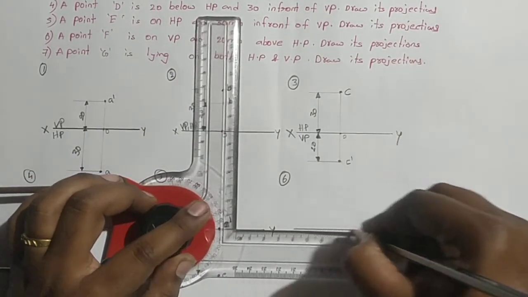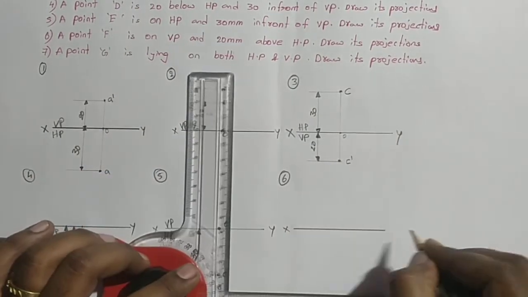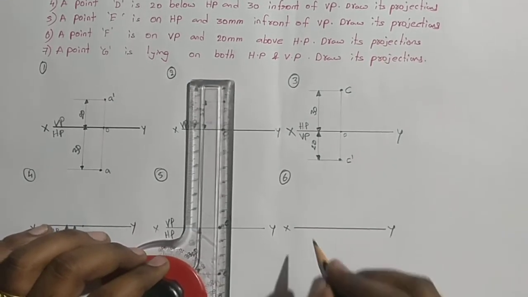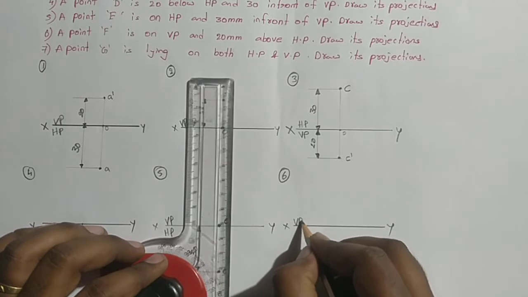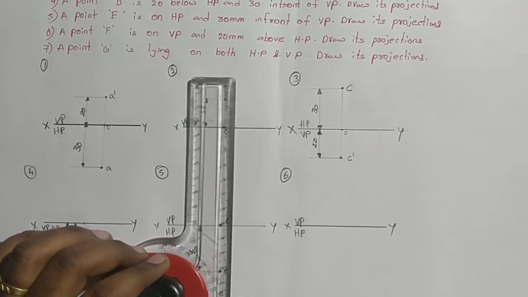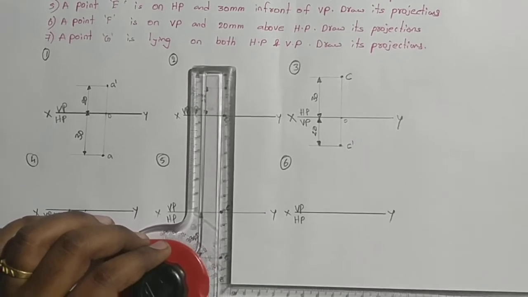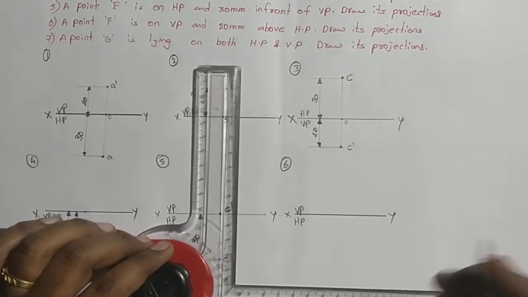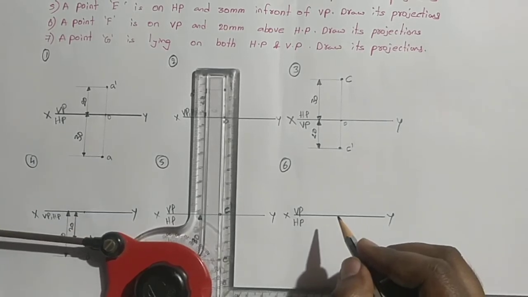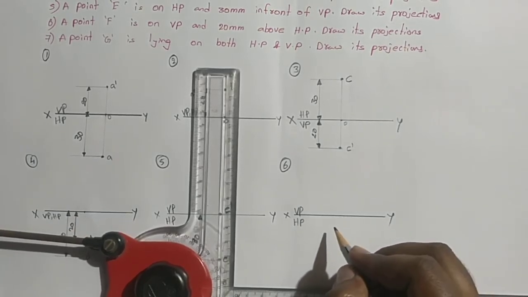In the first quadrant, first we need to draw the XY line. In the first quadrant, VP is above XY and HP is below XY. The point F is on VP and 20 mm above HP.